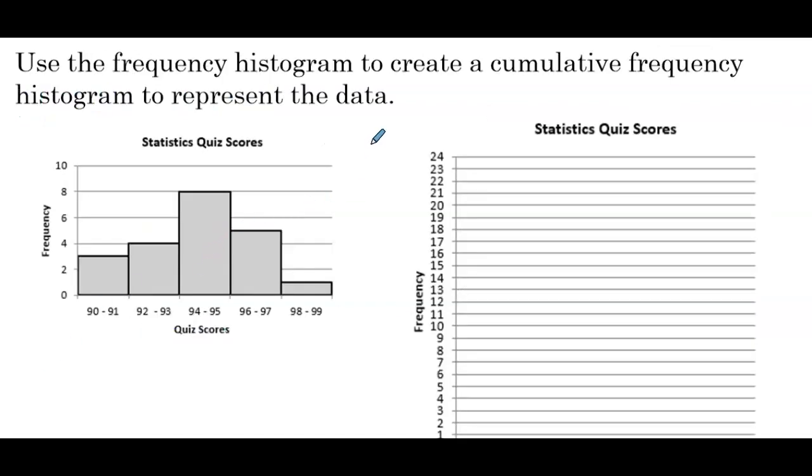Use the frequency histogram to create a cumulative frequency histogram to represent the data. So a cumulative frequency histogram, we're going to start to accumulate data. Right, so we're always going to add on to the previous bar in our histogram. Okay, so the best way to figure out what this would look like is to first create a table of values.